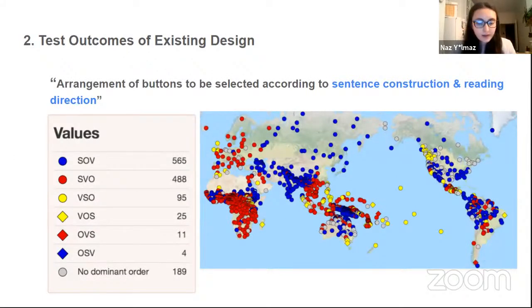Thirdly, we get feedback about layout and organization, arrangement of the buttons to be selected according to sentence construction and reading direction. You are seeing the distribution of different language syntax in here, reading direction around the world. SOV means subject, object, verb. SVO means subject, verb, object.